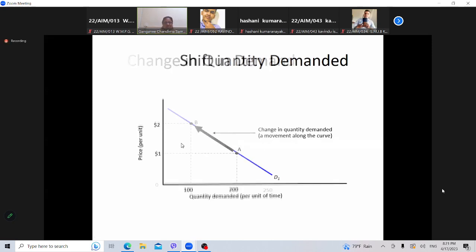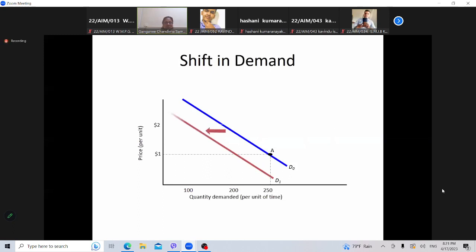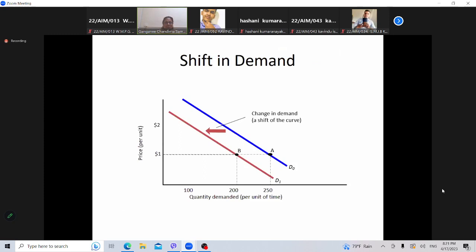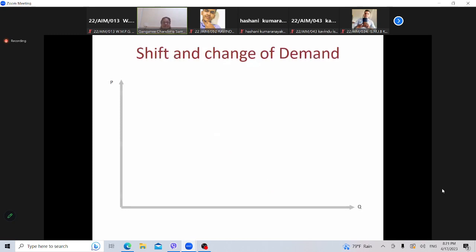So here you can understand this concept. And for shifting, you can draw a shift in the demand curve like that. Right shift or left shift, both can occur. You may remember the substitutes and complementary effects.